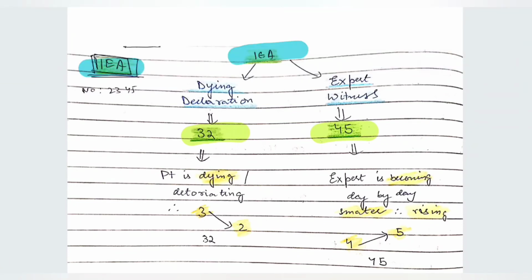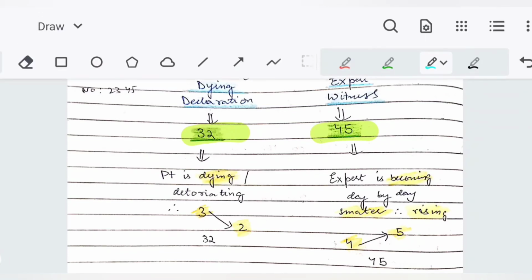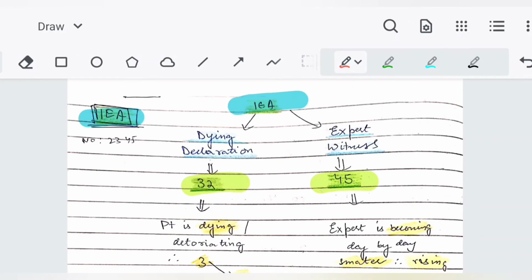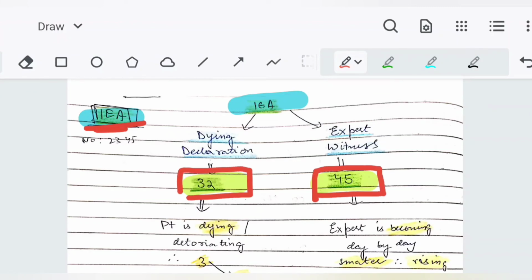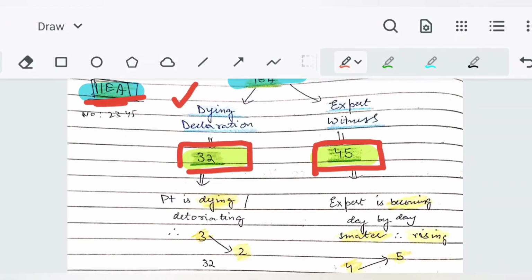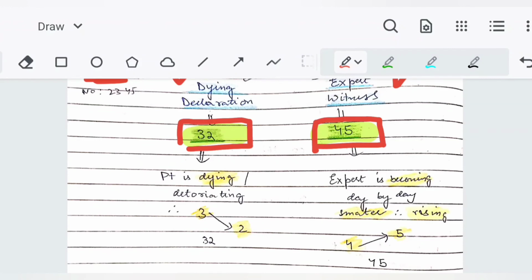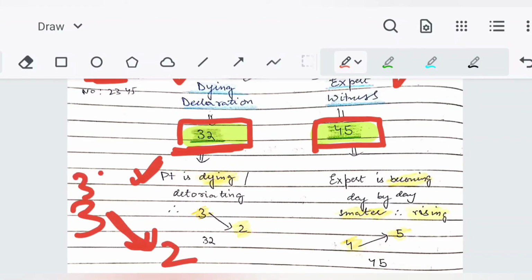Now coming to some Indian Evidence Act sections, 32 and 45. 32 deals with dying declaration, and 45 deals with expert witness. So 32, the patient is dying, that is the patient is deteriorating, from 3 to 2 it's deteriorating, so 32 deals with dying declaration.